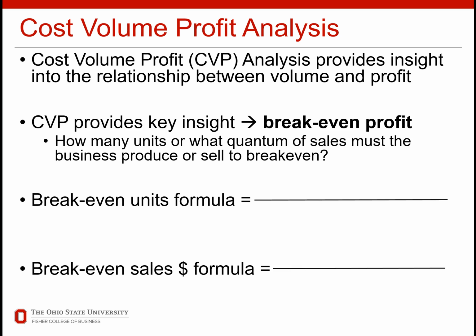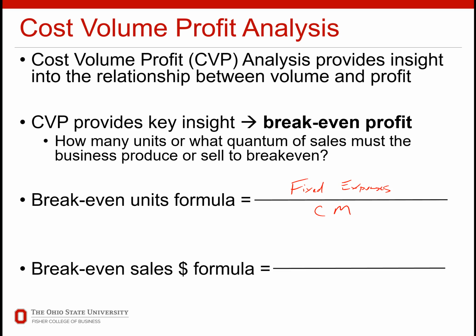Here we can see the cost volume profit analysis, and in essence this is a key concept of managerial accounting, in that when we want to determine the number of units needed to break even on a profit basis, we would simply take the fixed expenses of the business and divide by the contribution margin, or as detailed out in previous slides, right, these sales less variable costs.